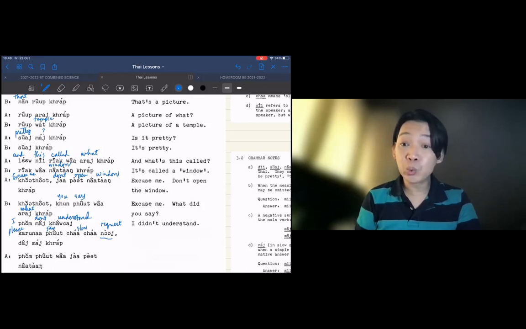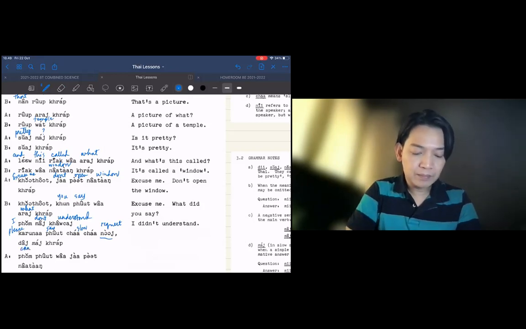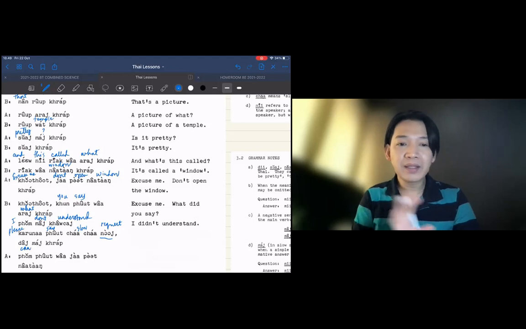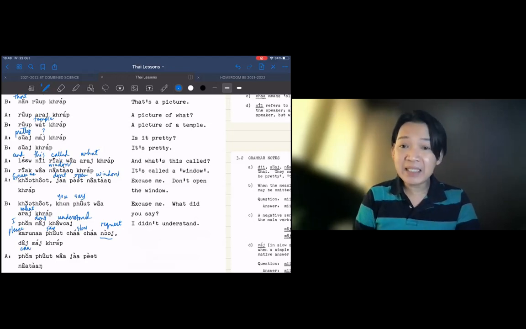Daimai is can you or can. So the whole sentence, can you please speak slowly, would translate into Thai as Karuna put cha cha noi daimai krap. Could you please speak slowly?